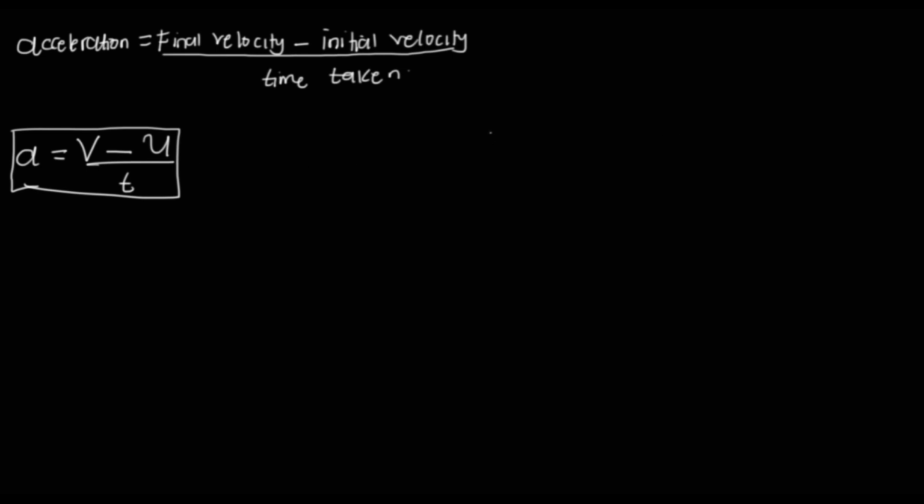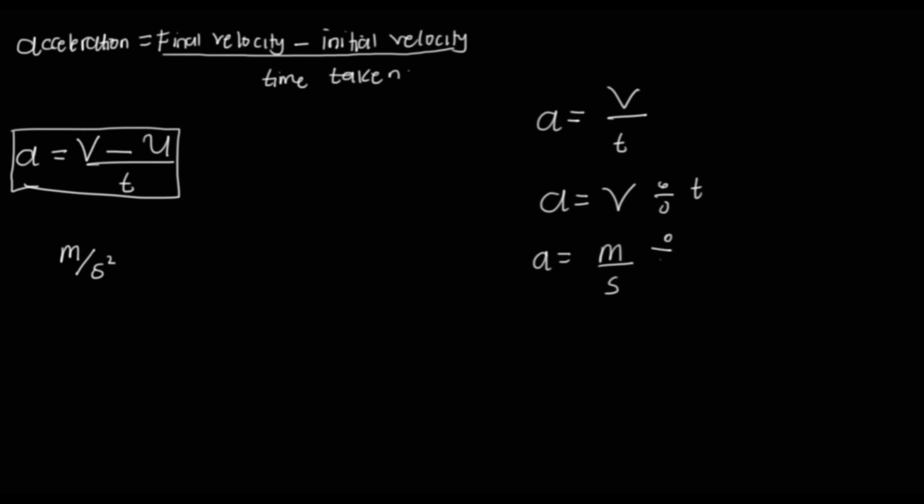Okay, now let's look at how the units for acceleration came into existence. We said acceleration has units of meters per second squared. To find the acceleration, we need the velocity divided by time. The unit for velocity is meters per second, divided by the unit for time, which is second.